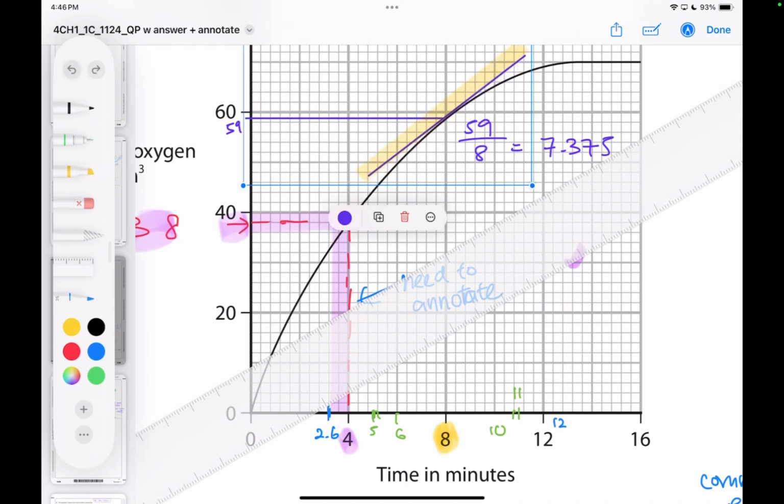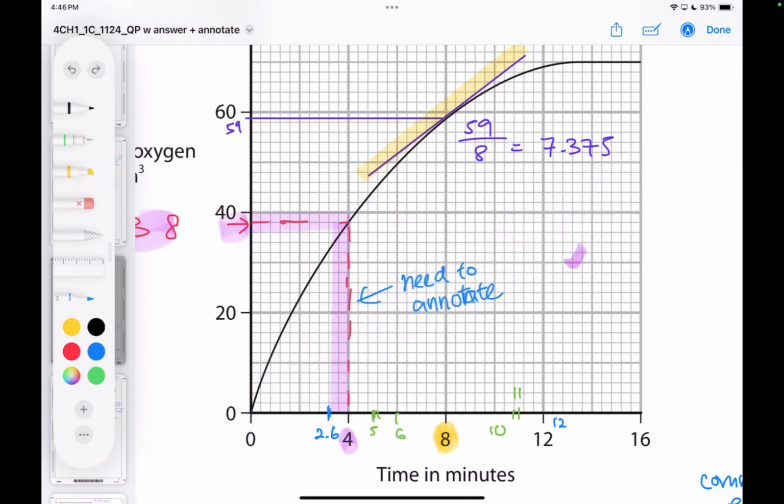I shouldn't move that, because I will also move my purple line. The purple line is the tangent, and where it hits the curve, I look to the left and I have a reading of 59. For this question, they allow the range of 58 to 60 as the answer.